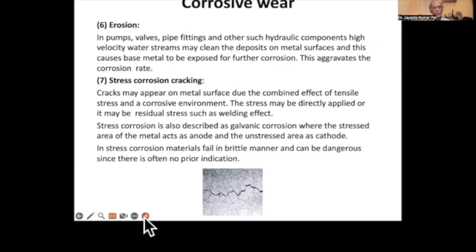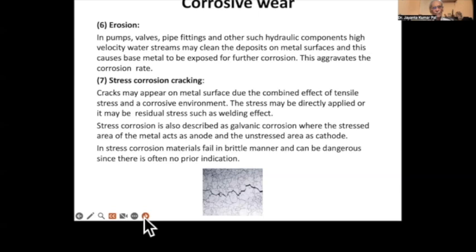Then there is stress corrosion cracking. In many cases, we see cracking on the surface. This is a combined effect of tensile stress and the corrosive environment. The stress may be applied, or it may be due to residual stress, such as from welding and others.